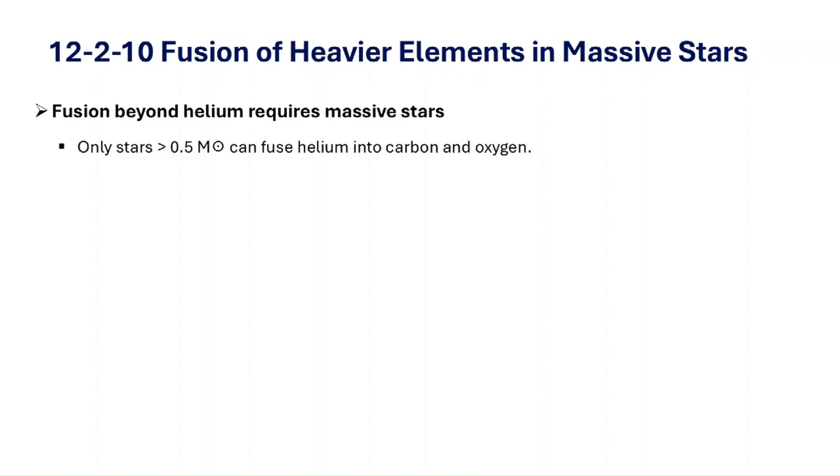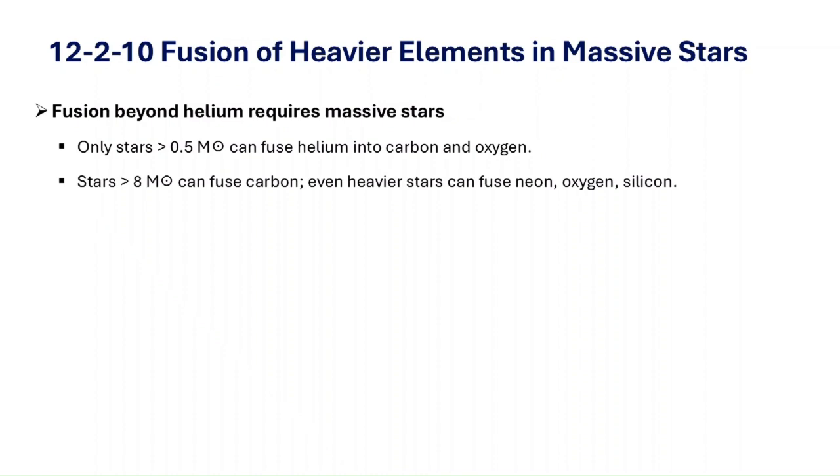Now to start, not all stars can fuse helium or heavier elements. Stars need to be at least about 0.5 times the Sun's mass to ignite helium and produce carbon and oxygen in their cores. And stars with masses above roughly 8 times the Sun can reach the core temperatures necessary for carbon fusion.